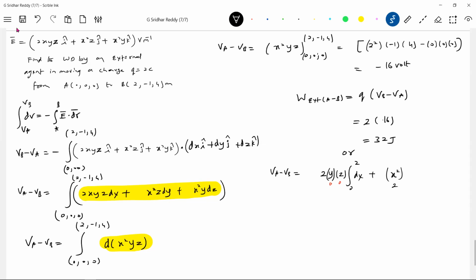Then you are going to integrate along the z-axis. When you're integrating along the z-axis, now tell me the value of x. The value of x is what? 2. The value of y is what? -1. Then you are going to integrate from 0 to 4. Because of this, it will become like this. 2 into 0, 2 into 0. Why 0? I should substitute.